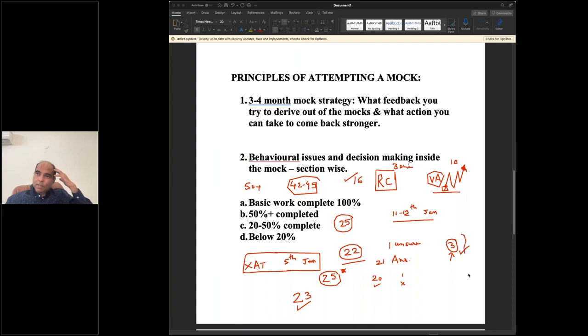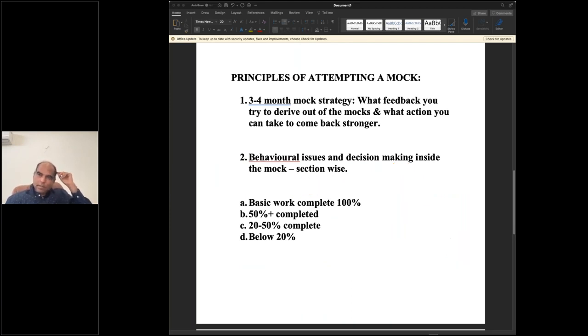And why I'm telling you this is because in verbal, maybe there's a way to get to the right answer. Are you using all the techniques to get to the right answer? For example, a simple checkpoint for getting questions right in verbal is that there are 2 ways to get to an answer.